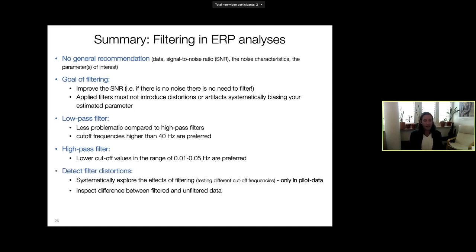Systematically explore the effects of different cutoff frequencies, but do this only in your pilot data, because otherwise it's prone to p-hacking. So you take your pilot data and test different cutoff frequencies to find the optimal cutoff for the real data, and make sure that the real data and the pilot data are recorded in the same noise environment, and inspect the filtered and unfiltered data. Replace traditional baseline correction with regression-based baseline correction, as I just showed you.